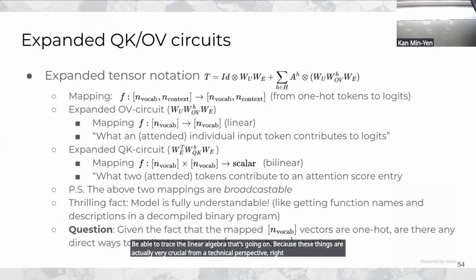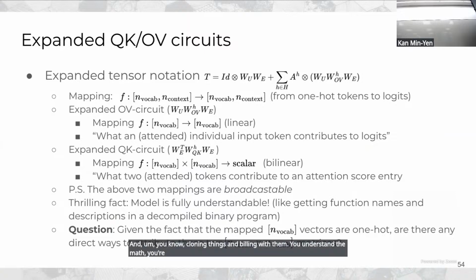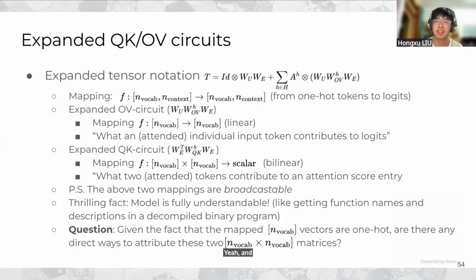Although you can do all the things by forking and cloning things and fiddling with them, if you understand the math, you're at least two steps ahead of other people who can just implement. Yeah, and that's why I'm going to introduce that kind of mathematical framework in detail, since I think it is very important that we reverse engineer the transformer completely.